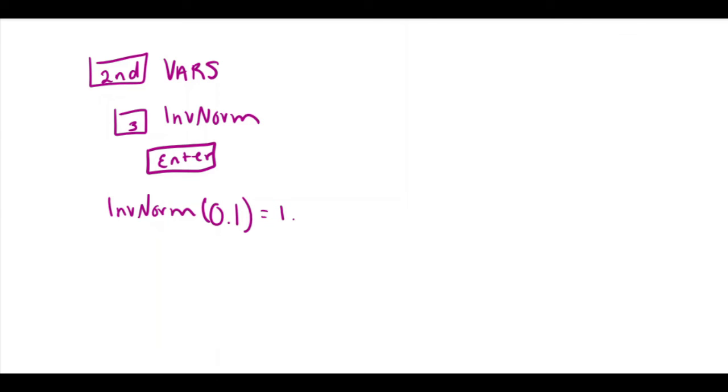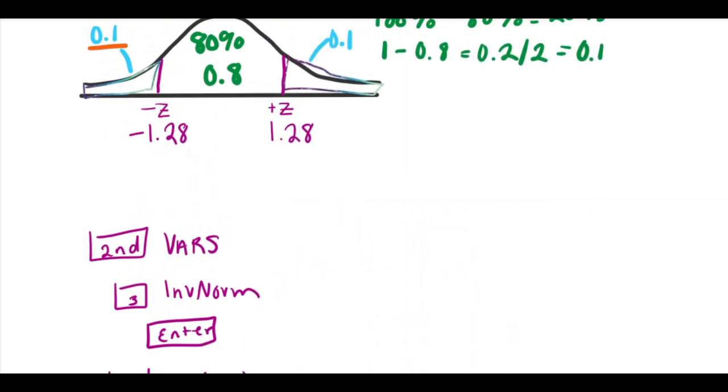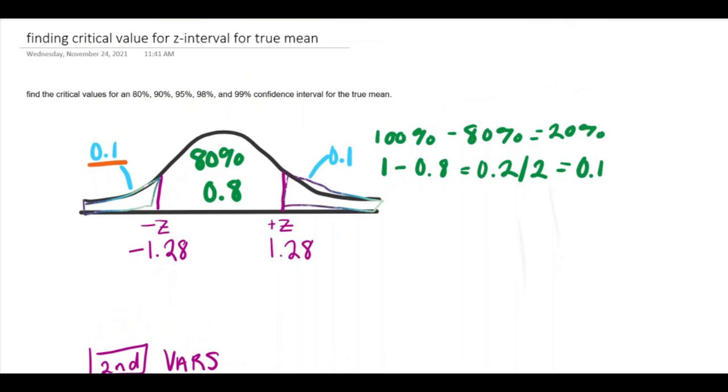And we get 1.281551567, which rounded to 2 decimal places is going to be negative 1.28, which checks out. So now this value checks out by calculator and by z-table.